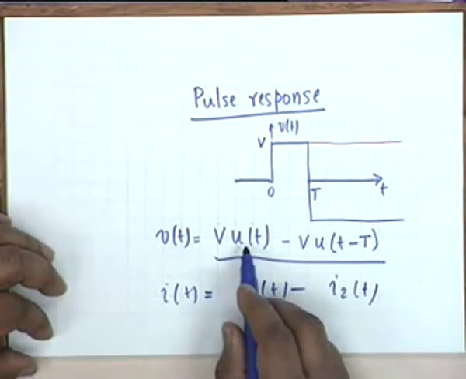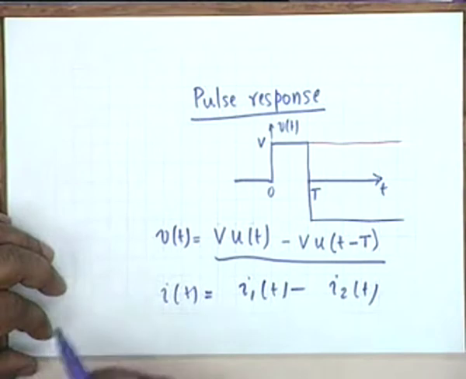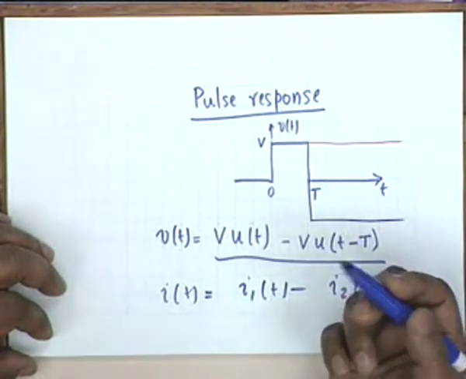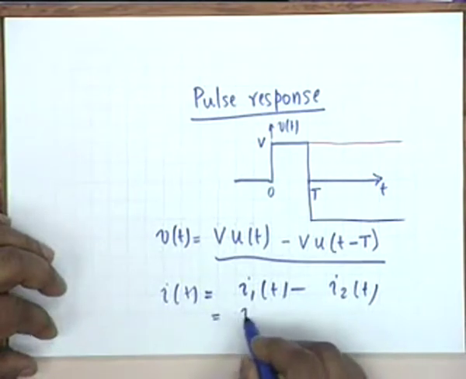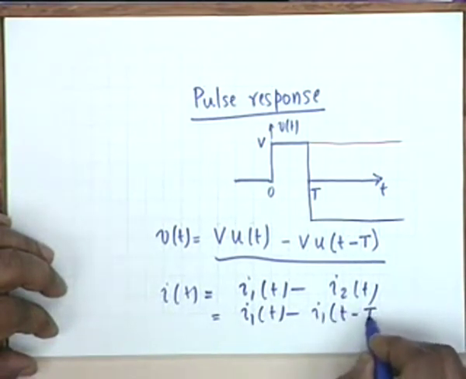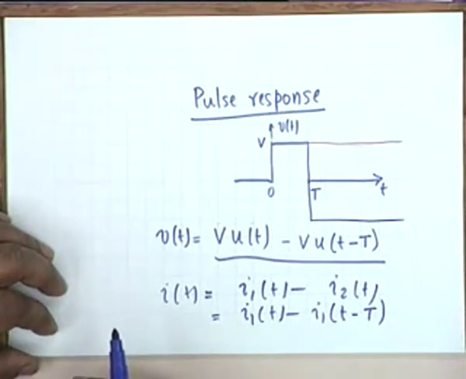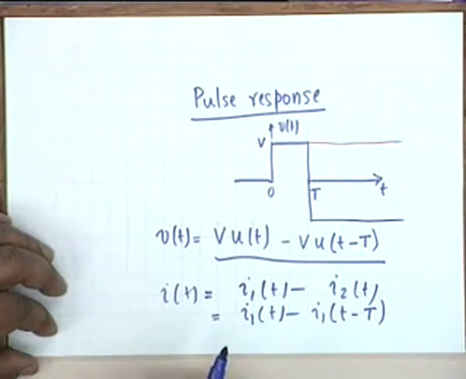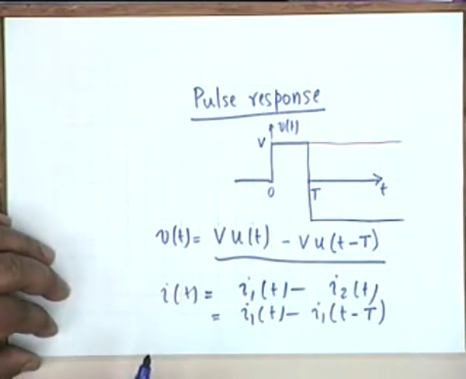You see, the only difference between these two is that one is delayed, that is small t is replaced by t minus capital T, and therefore i2(t) must be equal to i1(t minus capital T), right? And this is a way to determine the response of an electrical circuit to a pulse voltage like this.